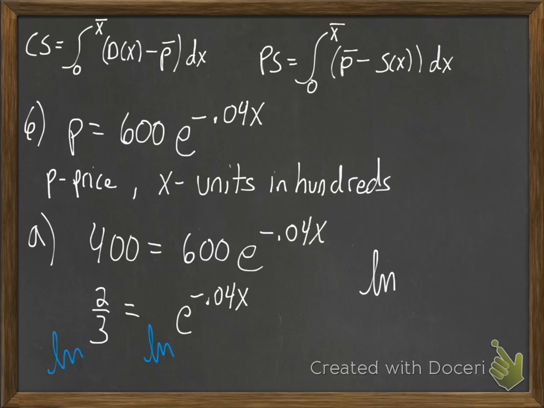Natural log of 2/3 equals negative 0.04x. And we want to solve for x, so we can divide both sides by negative 0.04. So we'll have natural log of 2/3 divided by negative 0.04.